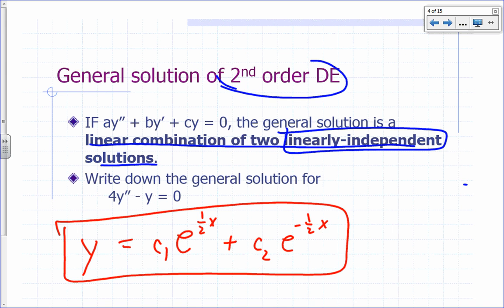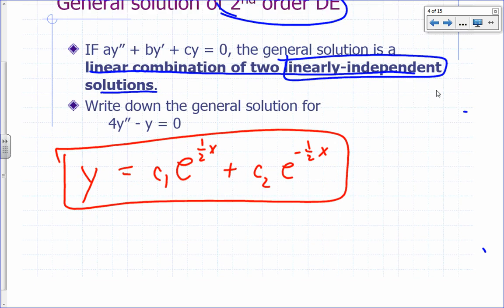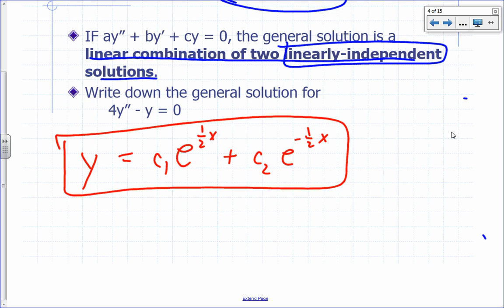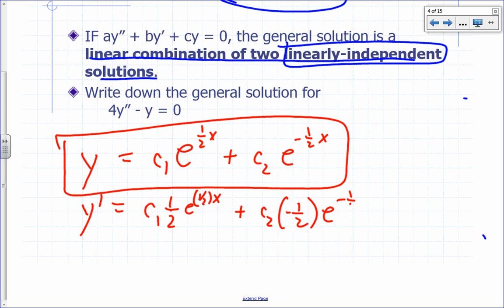Let's verify that that is in fact the general solution. What would you do? You plug that in, right? So what is y prime? c1 times the derivative of e to the 1/2 x, which is 1/2 e to the 1/2 x, plus c2 times negative 1/2 e to the negative 1/2 x.